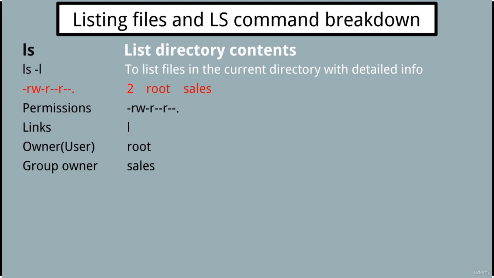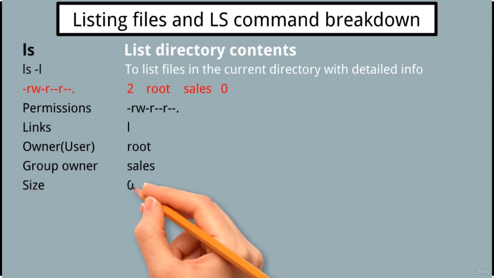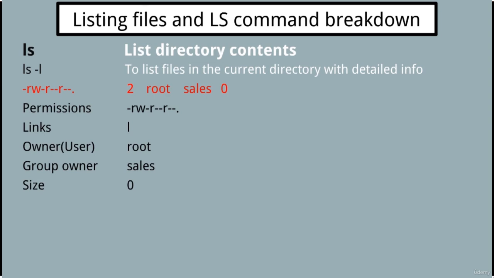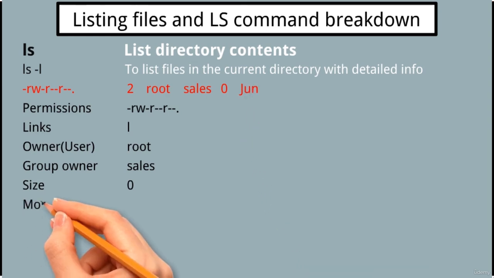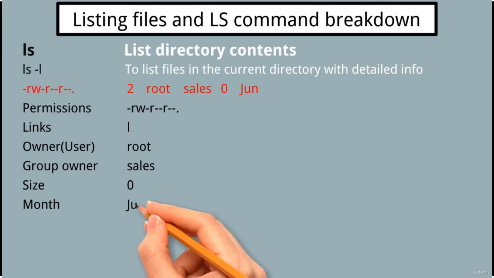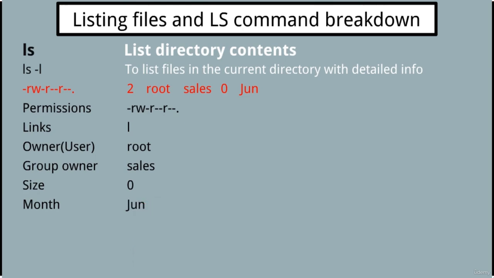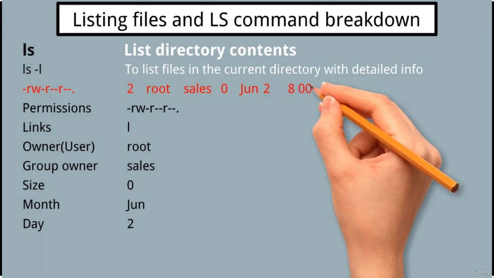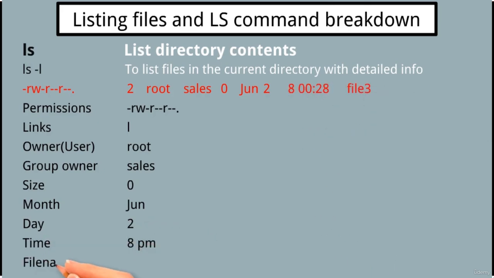And then you will see the size. In this case, the size is 0, but otherwise it will show you the size in KBs. The next is the month the file was created or updated. The next is the day, which is 2, so it's June 2, and then it'll show you the time. And the last one is the file name.